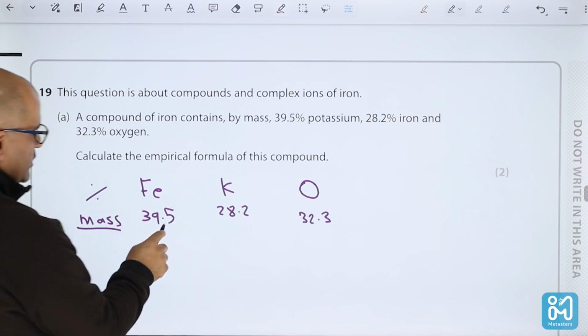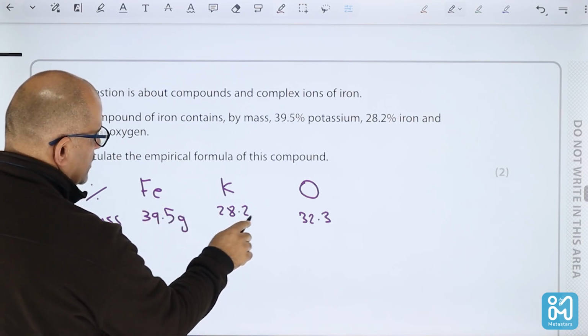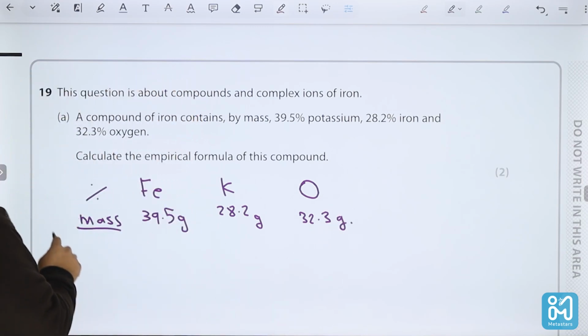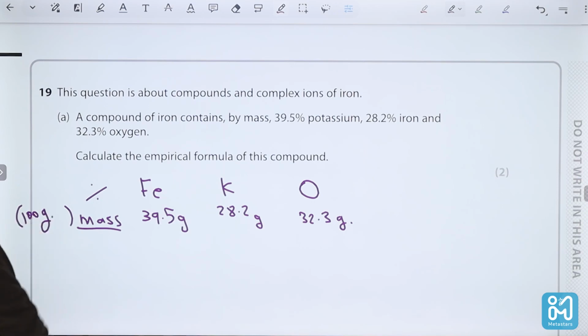Now, you can convert them into mass. You can consider these as grams in 100 grams, or suppose that it's 100 grams of the compound. Now to find the moles of each element, you divide by the AR, the relative atomic mass of each one.